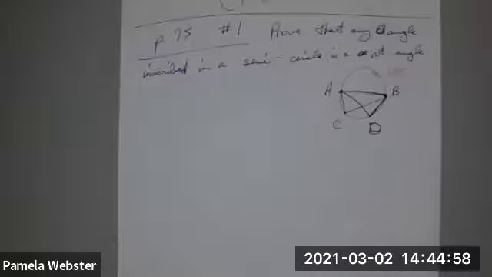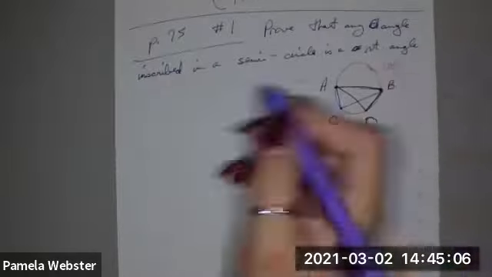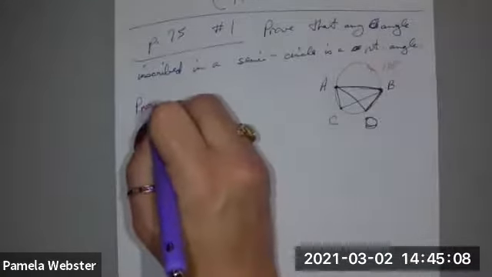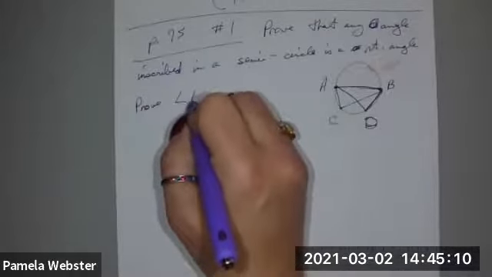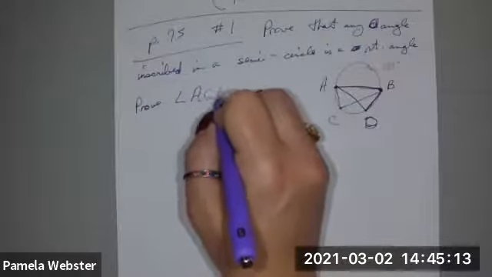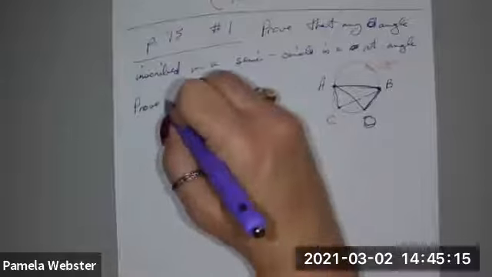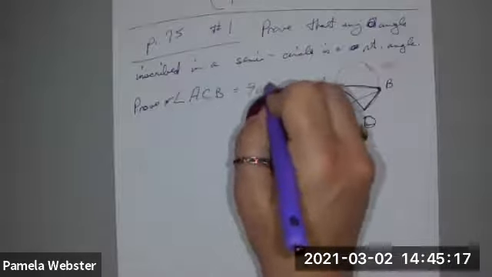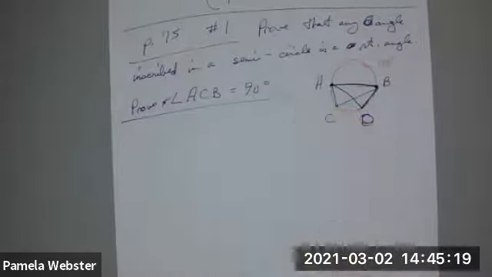What about a right angle? What do we know about that number-wise? 90 degrees, right? So what they're saying is prove that angle ACB, its measure is 90 degrees. That's what they want me to work on.